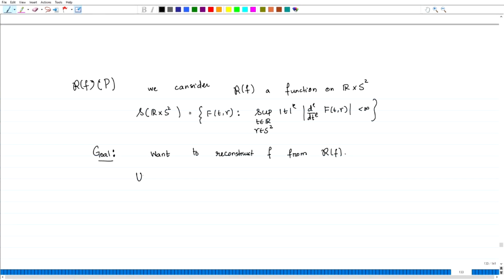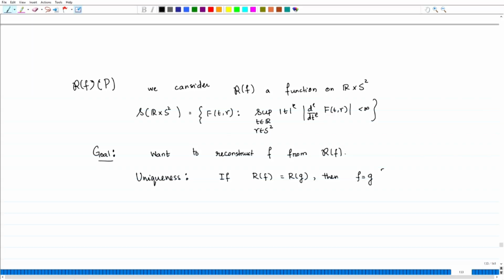Mathematically, we call that uniqueness: if Rf is equal to Rg, then f is equal to g. Is it true?